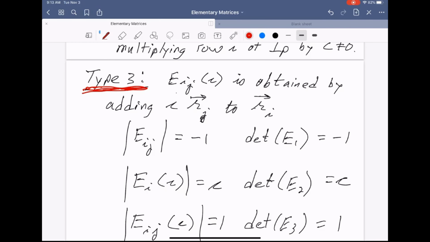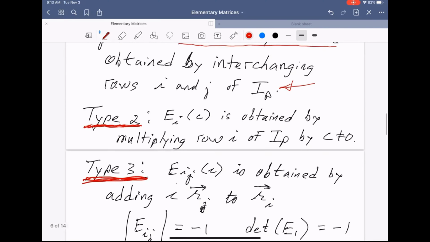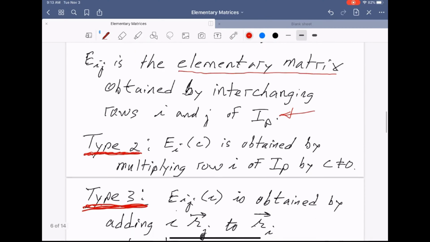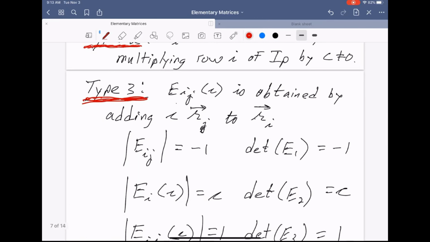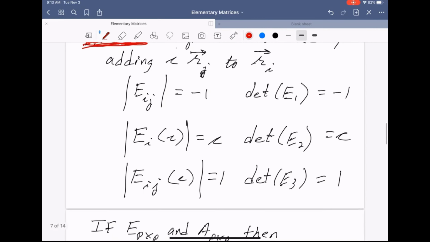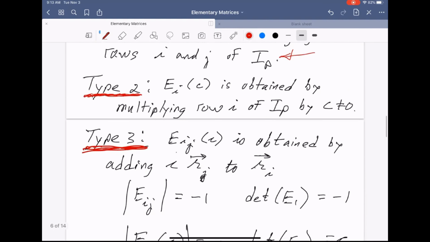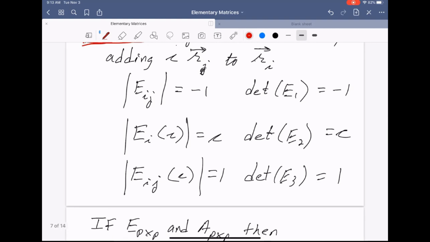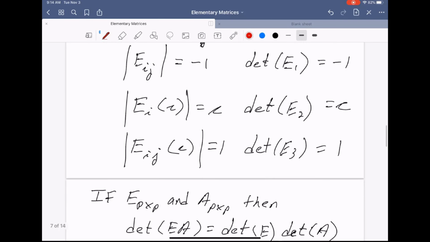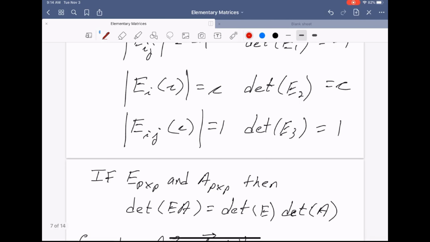All right. Now, the determinants in each of these three particular types of elementary operations are given as follows. The determinant of the first one would be -1. That's the case where we basically interchange rows I and j. The determinant of the second, where we multiply a particular row through by a constant C, in that case is C. And the final one is that we take one row and we add to it C times another row.